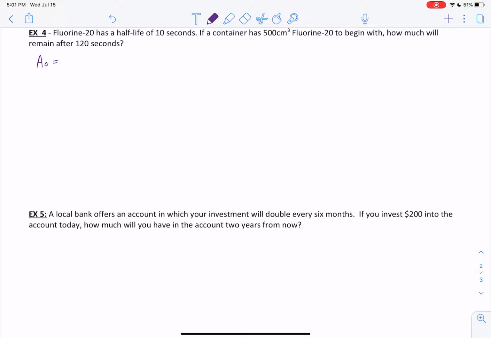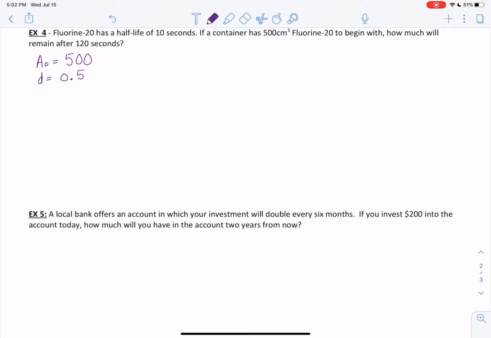So our initial value was 500 centimeters cubed. Now, the next thing we need to think about is our decay rate. So our decay rate here is 1/2. And how I know that is it says half-life. So what half-life is, in this case, is that every 10 seconds, the volume of fluorine 20 cuts in half.